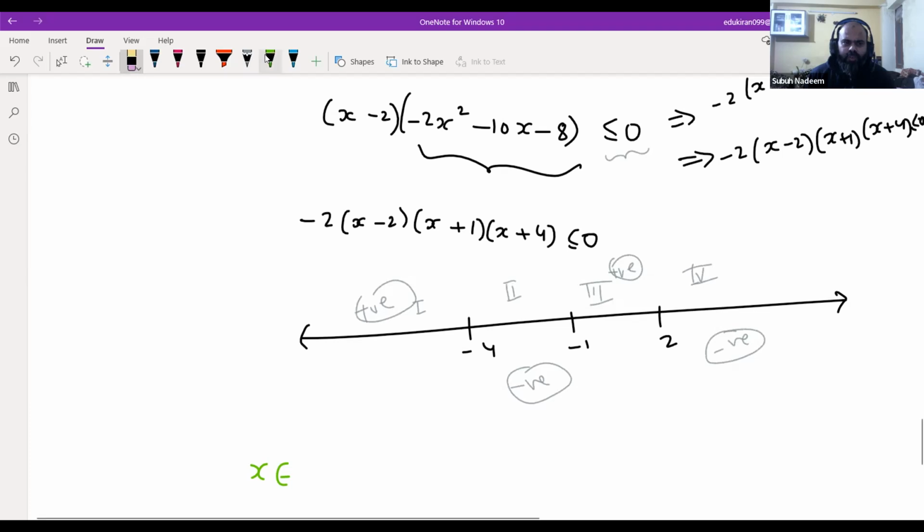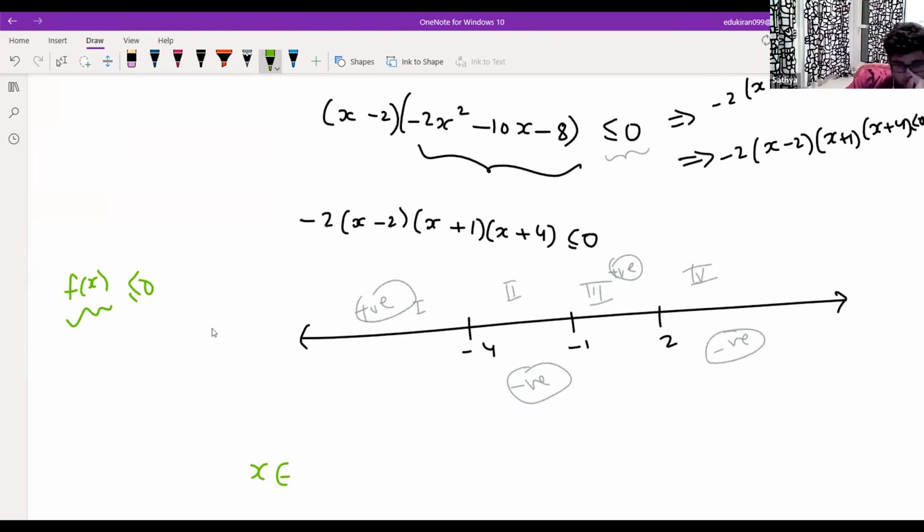I'm not talking about infinity. I'm saying if you are taking f(x) less than equal to 0, what do you want? Negative or positive? Less than equal to 0, negative. So where does negative start? Minus 4. So you will take minus 4, 2, minus 1. And what will be the bracket?